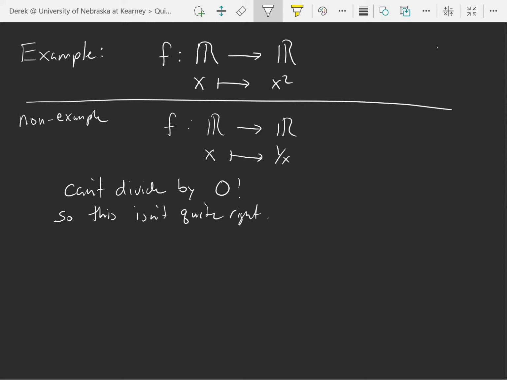Not everything in the domain has an output associated to it. I could fix it by defining where 0 goes, or by taking 0 out of the domain. And so what we might write instead is f maps negative infinity to 0 union 0 to infinity to R, x gets sent to 1 over x. That would be one way to fix it.